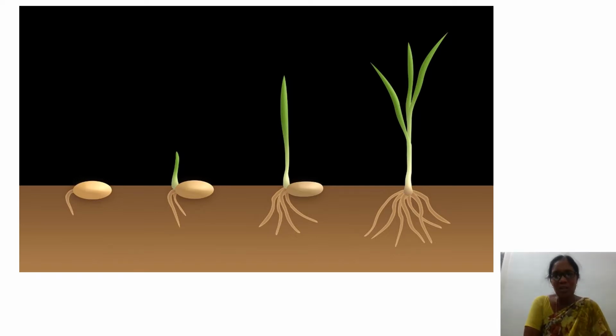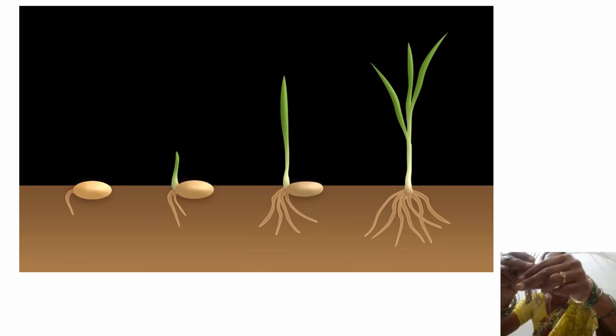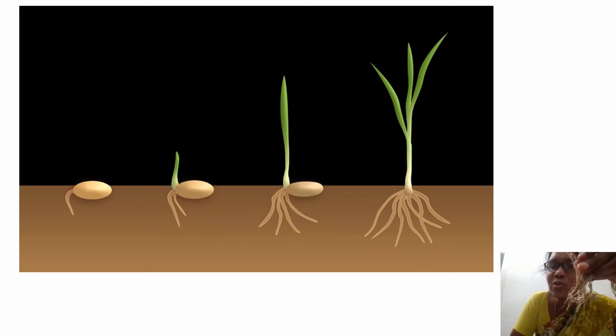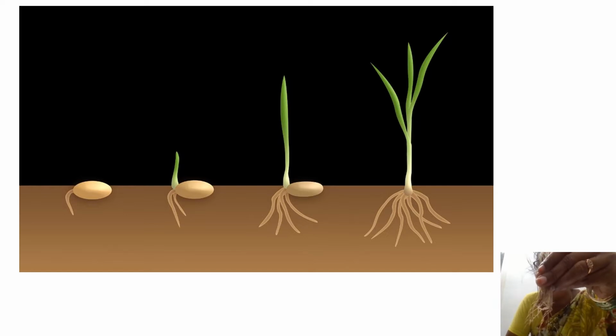There's a monocotyledon plant. Look at the roots. See, grass plants. How are the roots? They're short, hair-like, fiber-like.